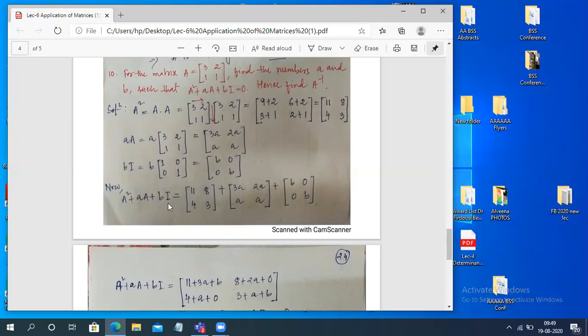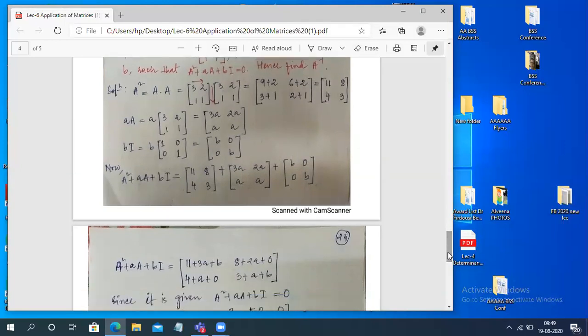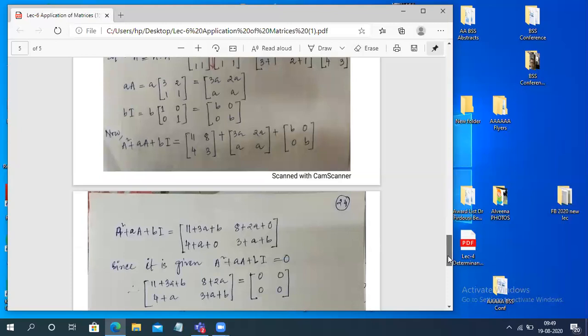Now substitute the values and add the matrices with the addition rule. That means you have to add the corresponding elements of A square, a A and b I. That is 11 plus 3a plus b, which forms the first element. The second element of the first row: 8 plus 2a plus 0.